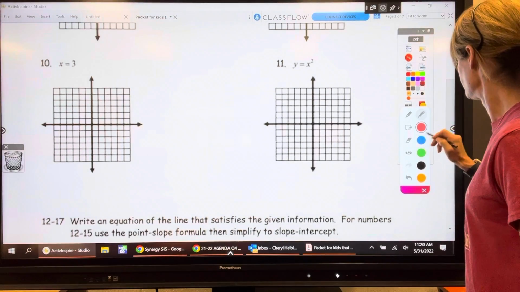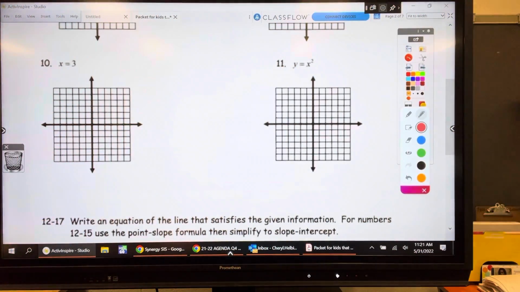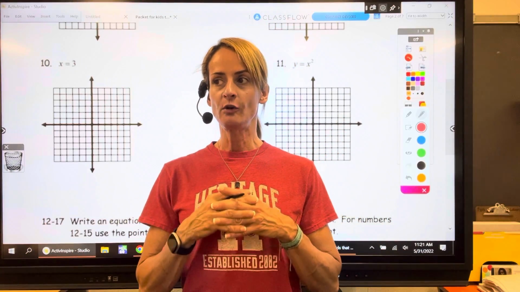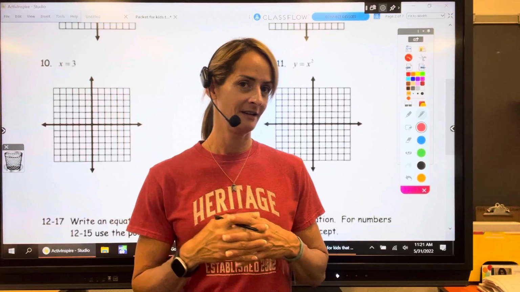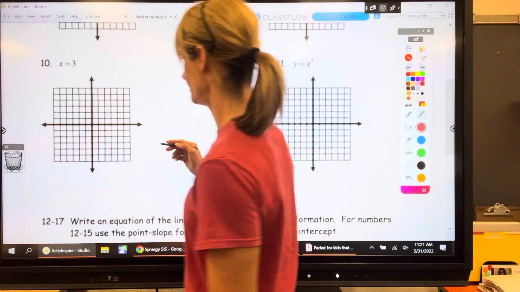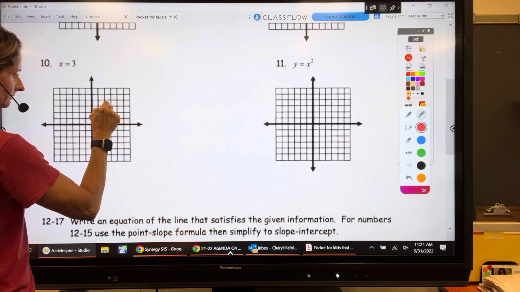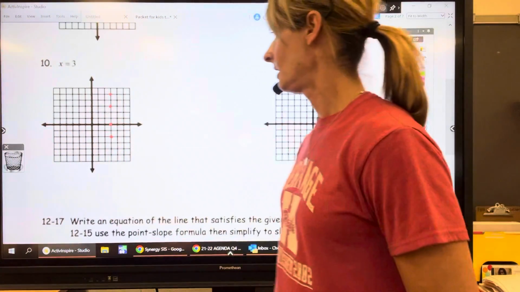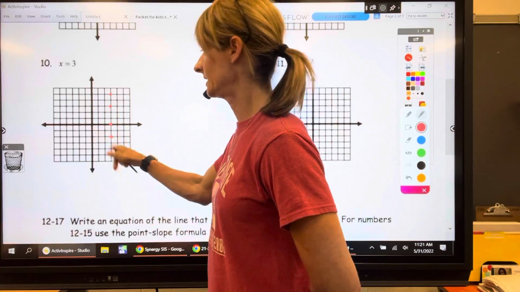Okay, so for the line x equals 3, that means that every single point on this line has an x coordinate of 3. So I'm just going to pick some random points with an x coordinate of 3. There's a few of them. So those points are (3, 0), (3, 3), (3, 8), (3, -2).